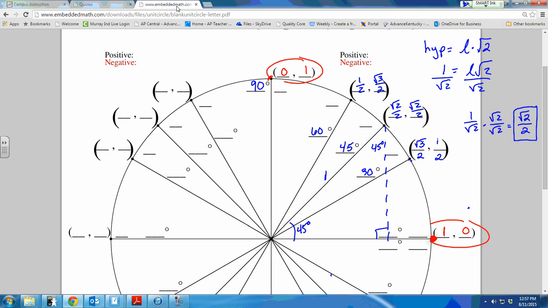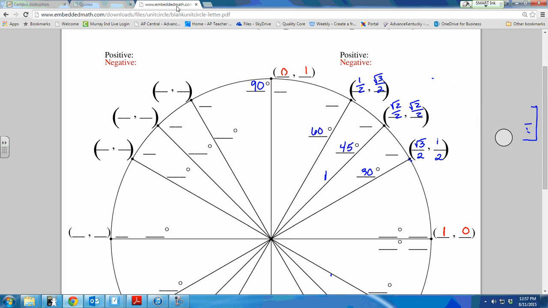So they're the same. Any questions about where that came from? Okay. Well, now it's easy.